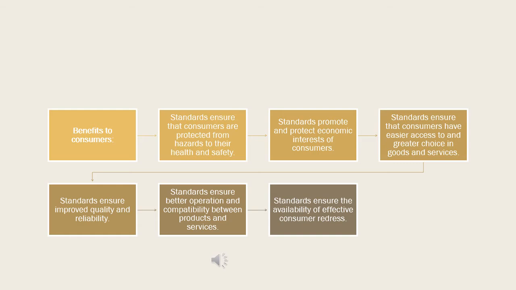Next, standards ensure improved quality and reliability. By putting standards in place, the quality of products and their reliability is also improved. Take an example of weighing scales. Weighing scales have to be reliable.